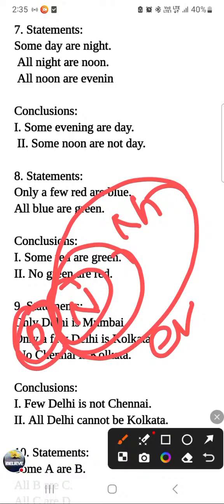Some day are night, all night are noon, and all noon are evening, so some evening are day, which is correct. Some noon are not day is a negative sentence. But in the statements we don't have a negative statement. We are not sure whether some noon are not day or not, so that is wrong.